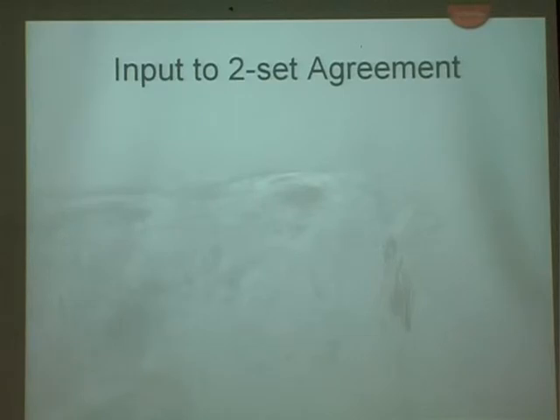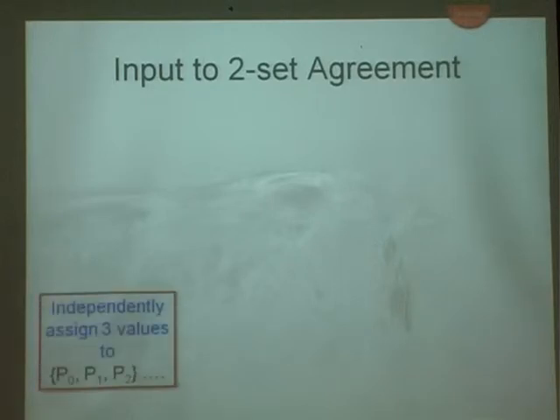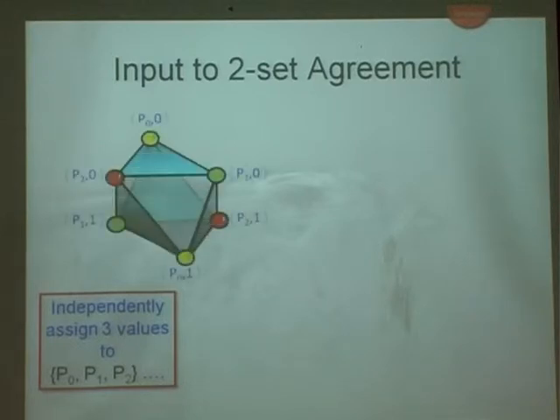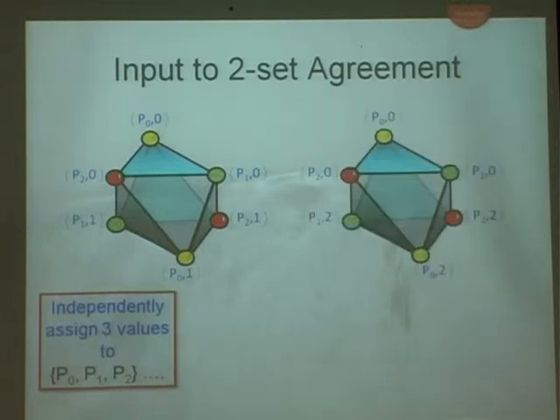If we look at two-set agreement, we look at the possible outputs. Yeah, that's not input, that's output. Then, actually, no, it is input. So we look at all the different ways we can assign three values to P0, P1, and P2. Then this is all the ways of assigning 0 and 1.